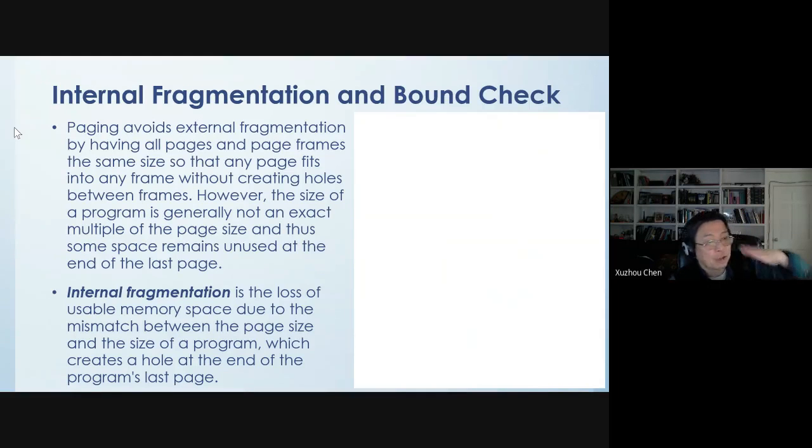We just chop the program into small pieces of the same size, and then we throw each piece into a frame as long as we have enough frames. Okay. However, with paging, we still have some loss of memory space. Now, how does this happen? This is called internal fragmentation.